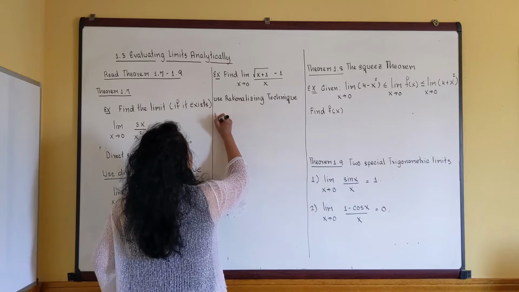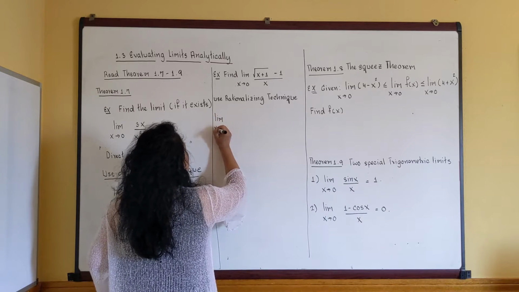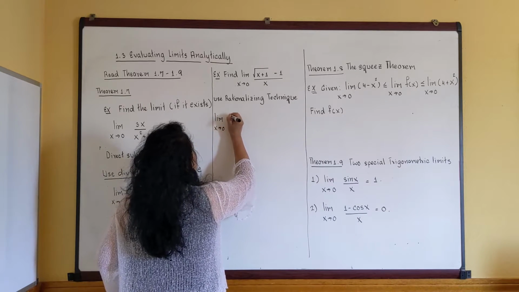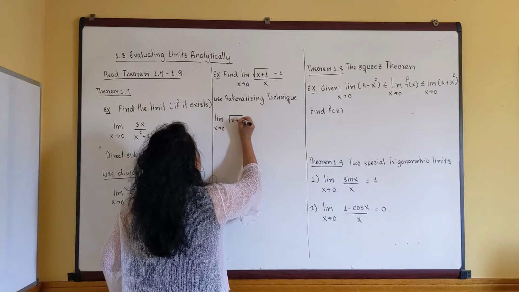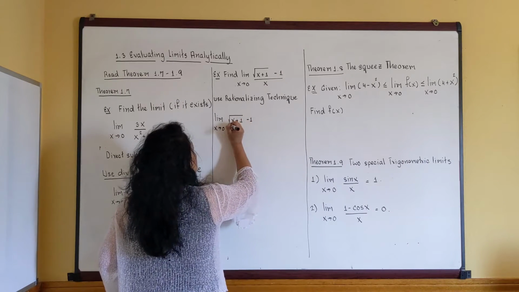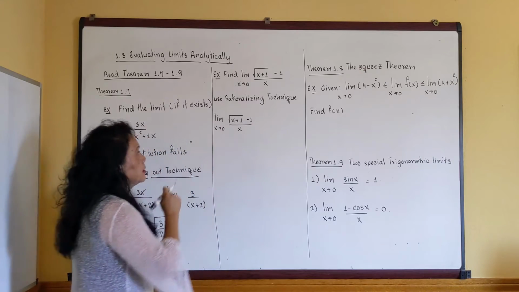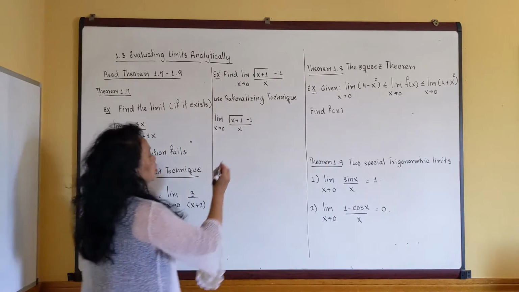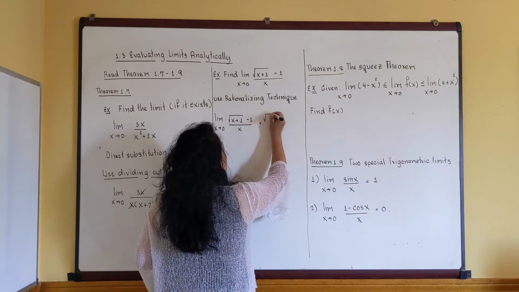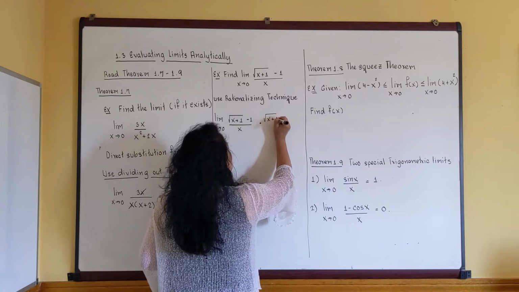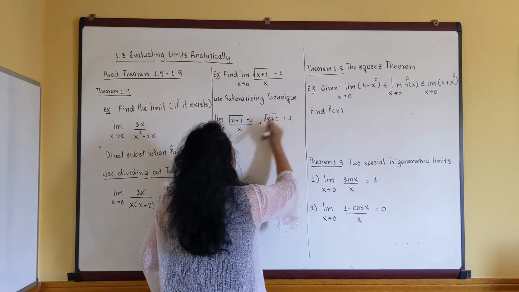So I'm going to write limit as x approaching 0, square root of x plus 1 minus 1 over x. That's the equation. Now I'm going to multiply by its conjugate, which is square root of x plus 1 plus 1.